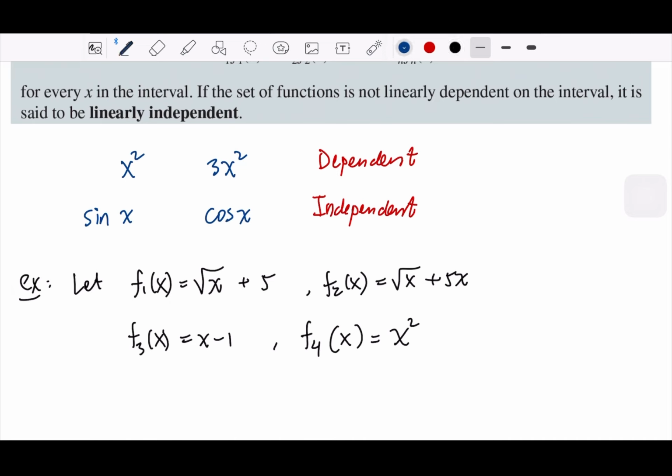So observe the four functions here, 1, 2, 3, 4. Are the four functions linearly dependent or independent?